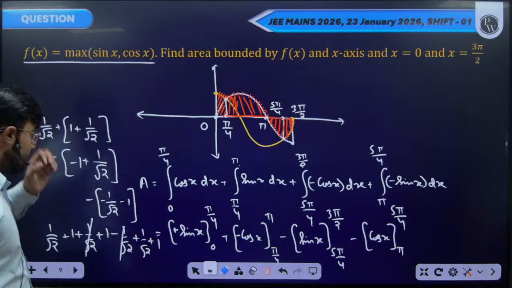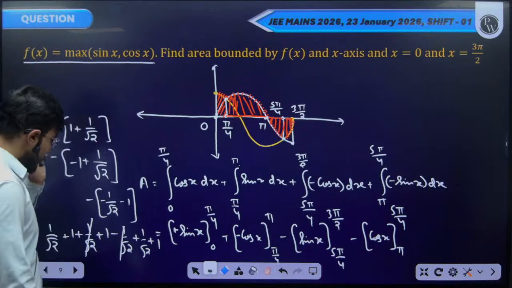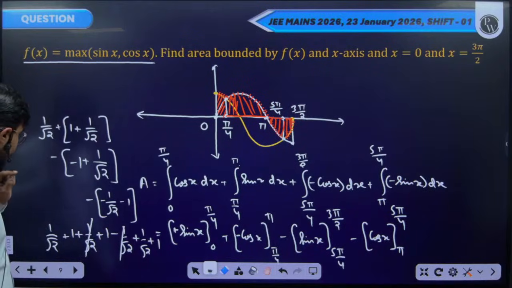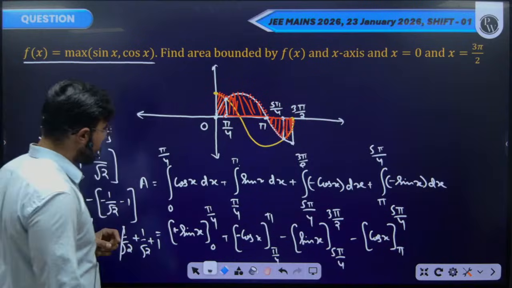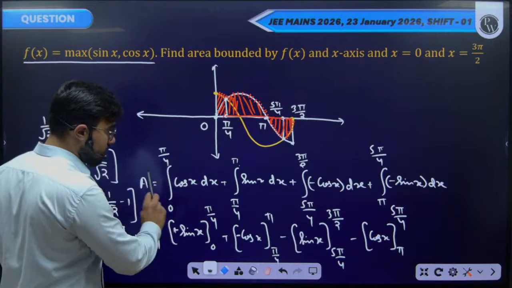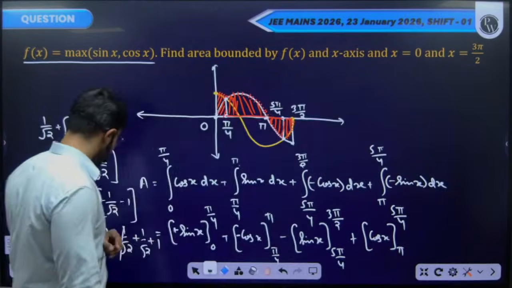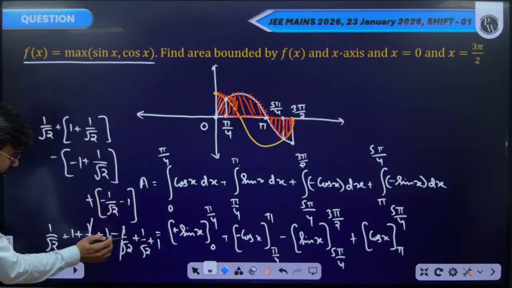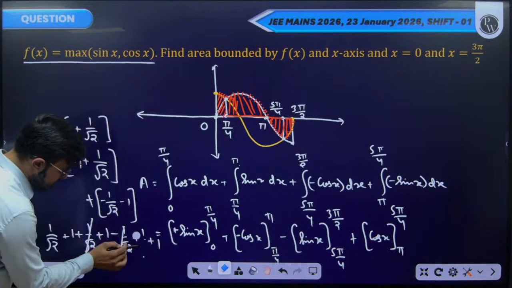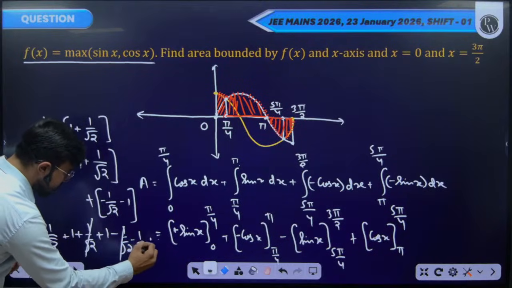I think there is some plus minus correction in this calculation, because the answer should be an integer. So check it once. Integration of cos is sin, okay. So this one is plus, this one is plus, so this value is minus 1 by root 2 plus 1.